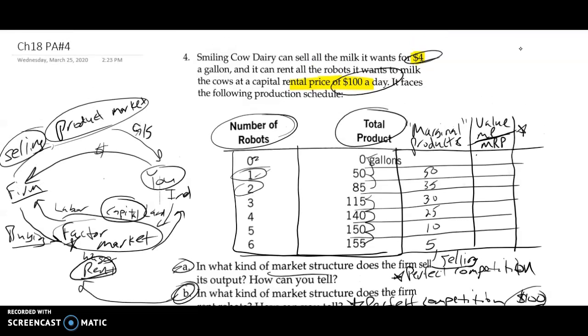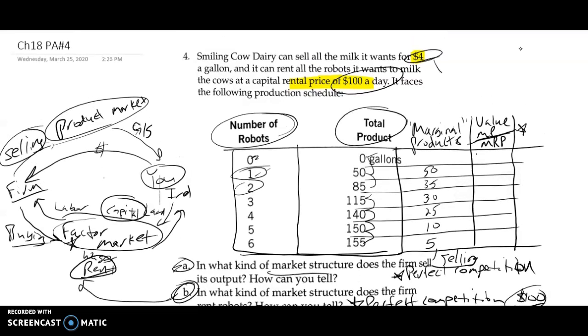If we scroll back up, it says I can sell each one of those gallons for $4. To figure out the value, or the marginal revenue of that product, I take each one of these times the $4 I can sell each one at.